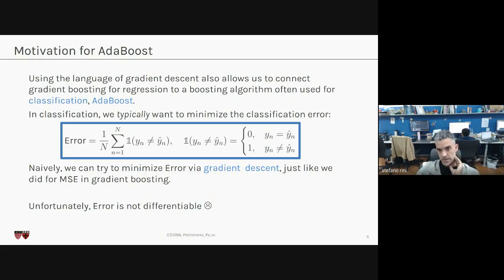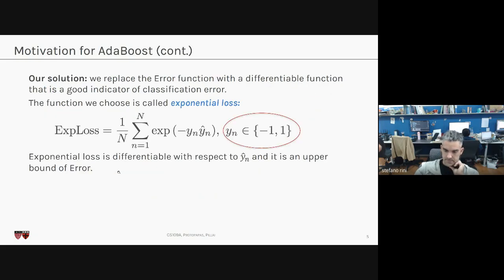In classification, we typically want to minimize the classification error, which is this expression here, the probability that y is different from y hat. And as we said, we minimize this like we do in gradient descent, but the error is not differentiable.